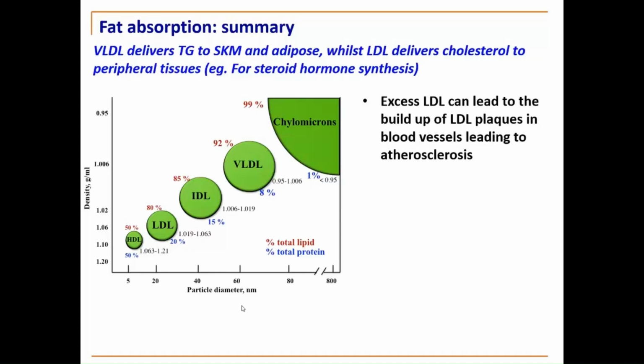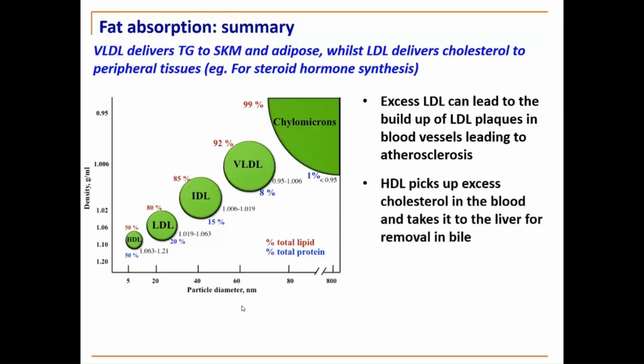Excess LDL, as we know, can lead to the buildup of LDL plaques in blood vessels, leading to atherosclerosis. But HDL picks up excess cholesterol in the blood and takes it to the liver for removal in bile. And if we're looking just at the size of each of these particles, you can see that the chylomicrons are very, very large, in particular compared to VLDL.